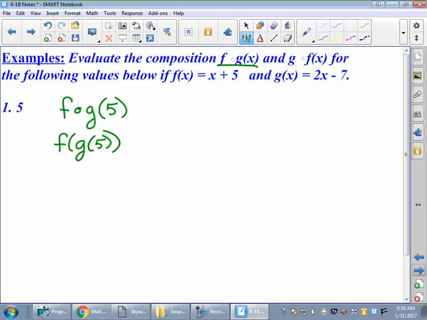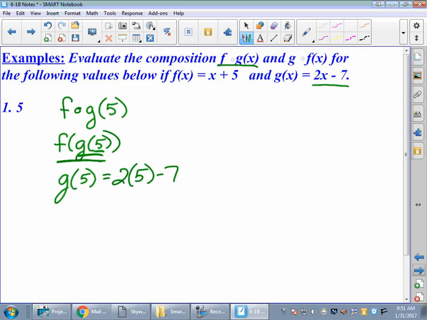And if you work inside out, I'm going to plug 5 into the g of x function and get an answer. And then I plug that answer into the f of x function. So the very first computation I need to make is g of 5. You guys have worked with function notation before. g of 5 means plug 5 into the g of x function. So replace the variable x with 5.